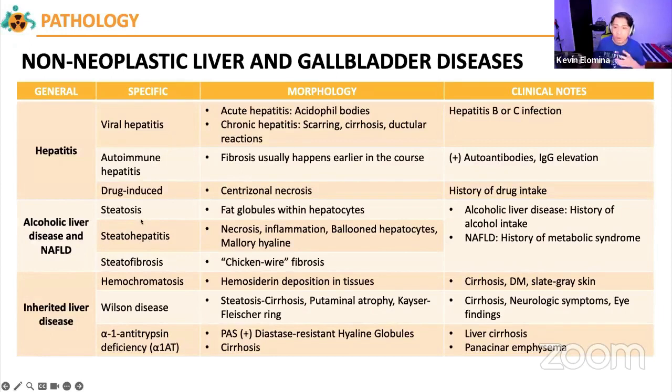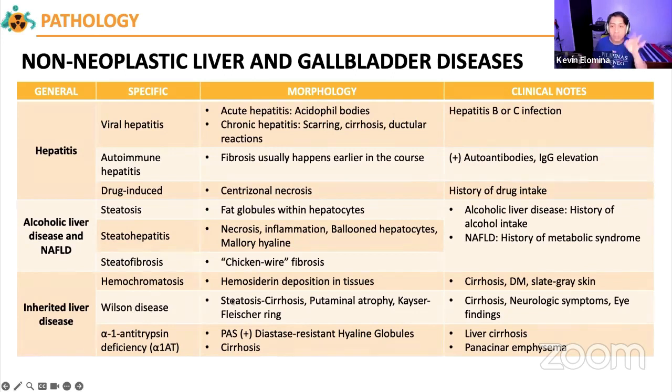Now, yung fatty liver nyo, it can be caused by your alcohol or metabolic syndrome, no? And they go through 3 stages. Your steatosis. Now, this can cause inflammation of the liver and therefore a risk factor to develop liver cancer. Your inherited liver diseases also, for your hemochromatosis, it's iron excess.